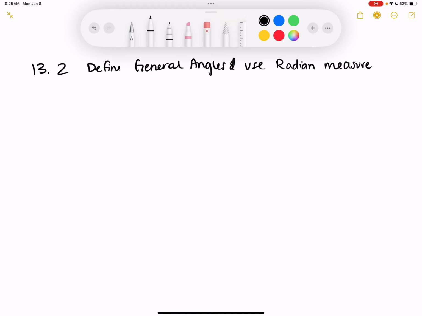All right, so these first three problems are matching problems. So I'm going to write all the problems and draw the graphs that are in the book.